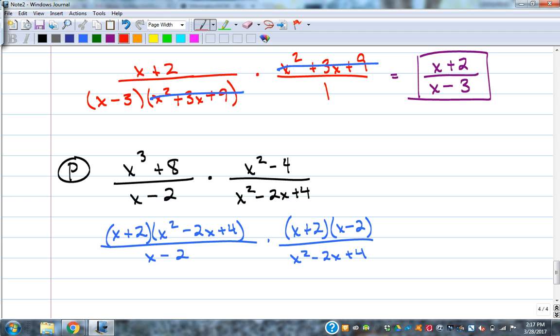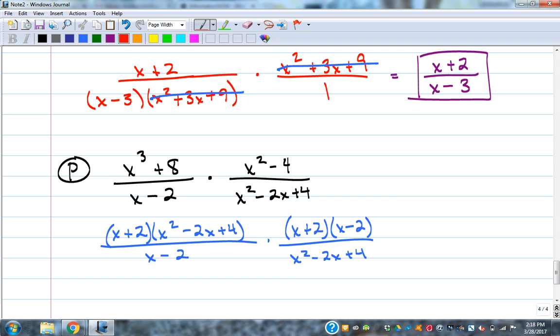Get the factored forms of all those. Check your factored forms with mine. Make sure mine are right. It's pretty close. I'm going to say good enough for government work.